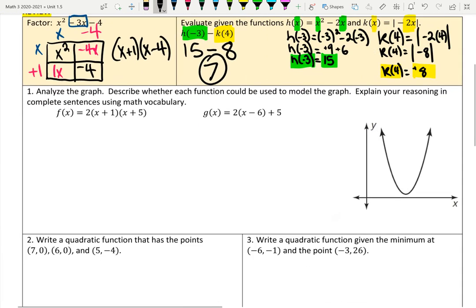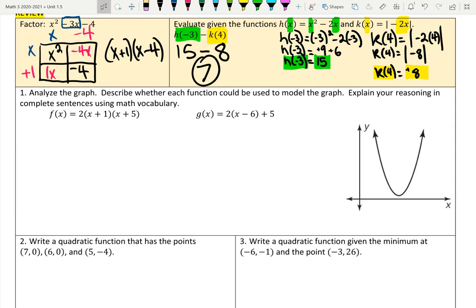Okay, analyze the graph. Describe whether each function could be used to model the graph and explain your reasons. Okay, let's check. So, concavity, that's the first thing I check for. My a values are both positive, so that's okay. A is a positive number. Now, I got to figure out some things.